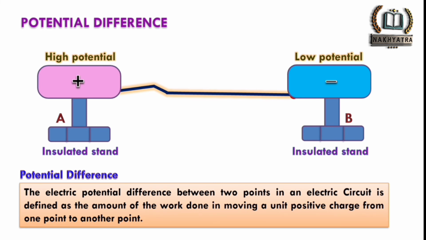It is the movement of the unit positive charge. Since from higher potential to lower potential the charge has been flowing, work has been done. That work in moving a unit positive charge from point A to B, or from positive to negative terminal, defines the electric potential difference.